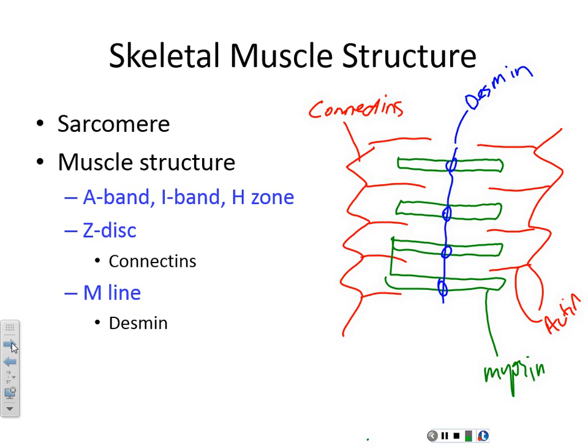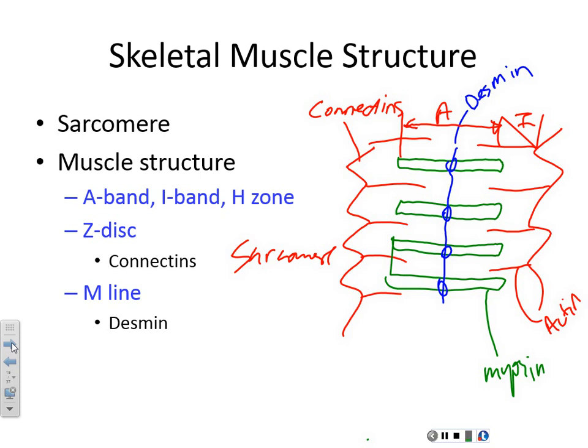Okay? And then you need to be able to tell me which bands and which structures are becoming smaller. So when this Z line to Z line, which is the sarcomere, is moving inwards, the sarcomere will shorten. Okay? And then the I band from here to there is the I band. And from there to there is the A band, right?